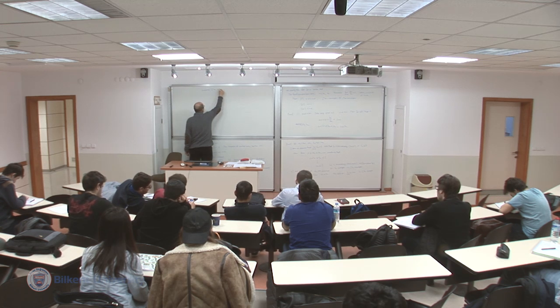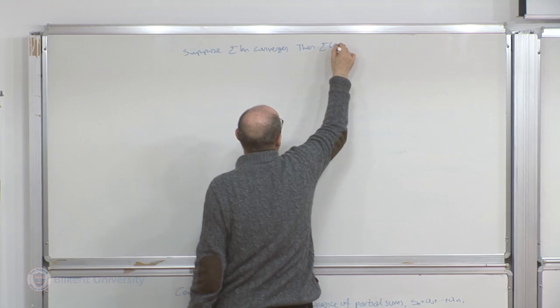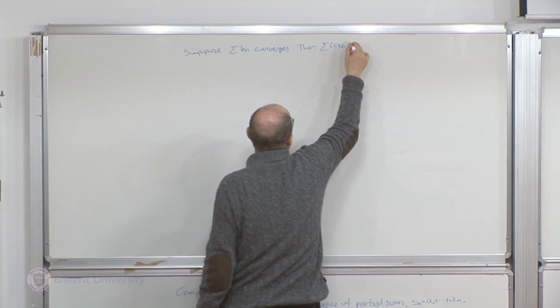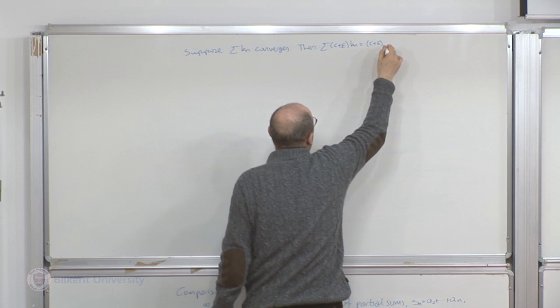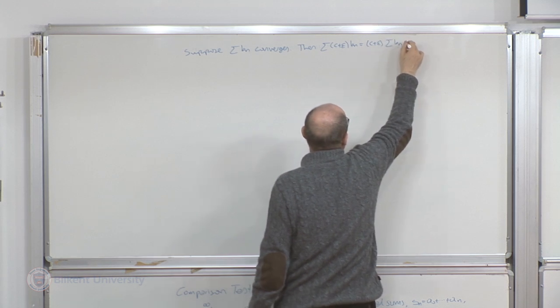Then summation of C plus epsilon times Bn, this is a constant, it comes out, summation Bn converges.